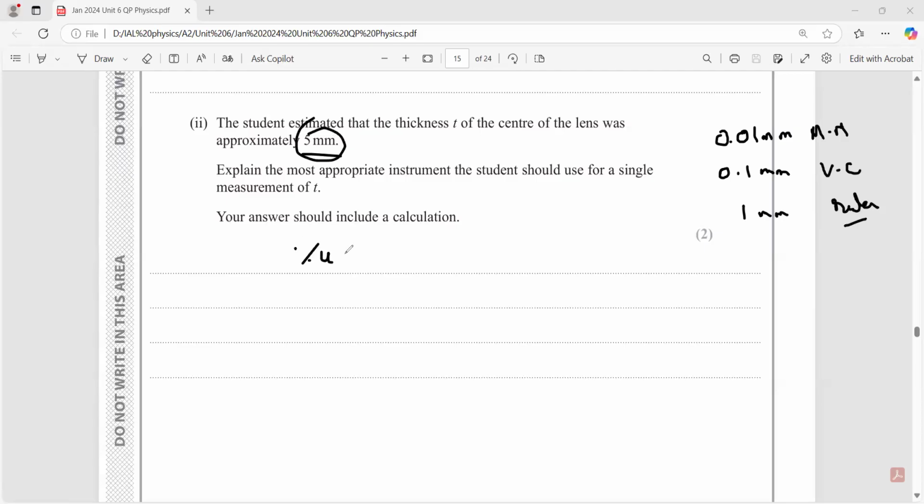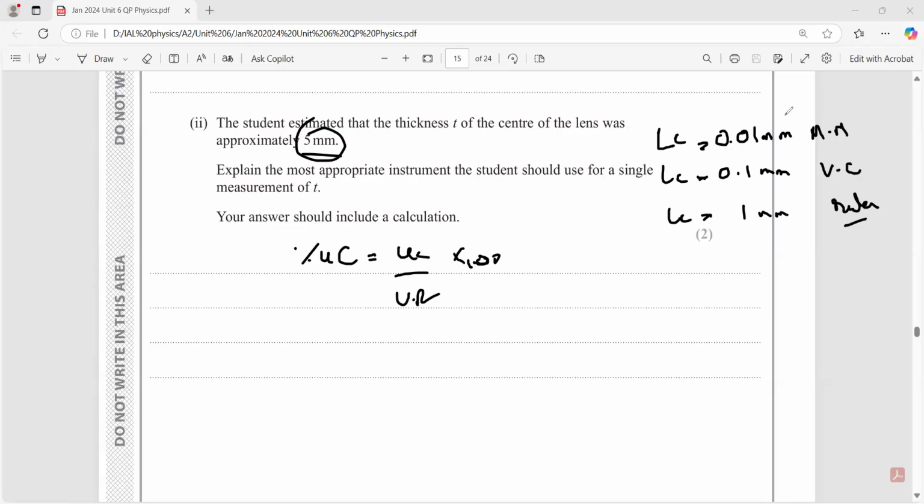So what about the percentage uncertainty? To calculate the percentage uncertainty, it is the uncertainty divided by the value recorded, into 100. What is the uncertainty of the instrument? The uncertainty of the instrument is half of the least count. These are the least counts. Least count means the smallest division on the scale.